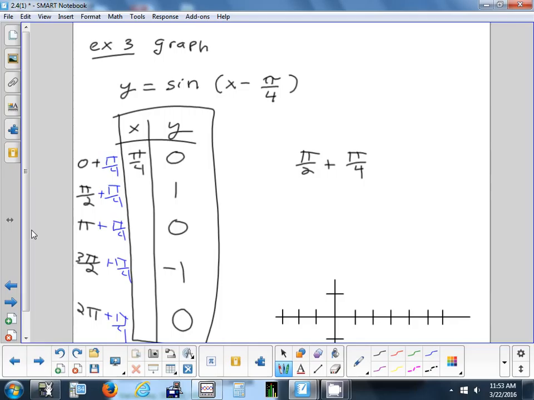Common denominator there. How about, Becca, what's my common denominator? 4. And what would you multiply 2 by to make it 4? 2. Yep, so do it to the bottom, do it to the top. So we get 2 pi over 4 plus 1 pi over 4. 2 plus 1 gives me 3 pi over 4.